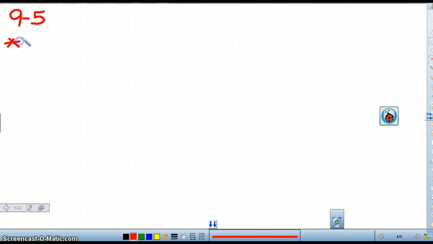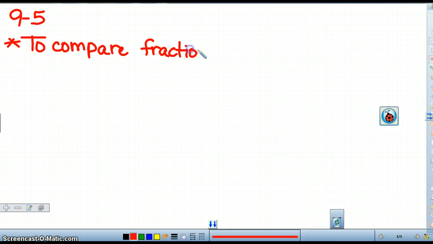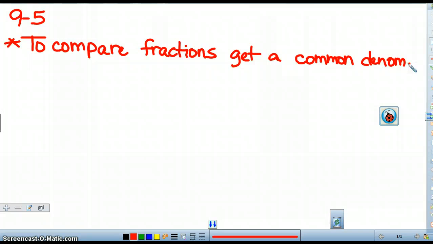So, to compare fractions, get a common denominator. So that's just saying the bottom number in both fractions has to be the same before you can start comparing.